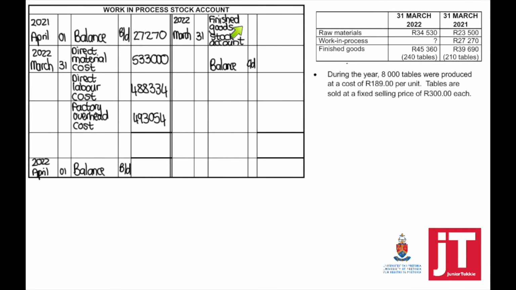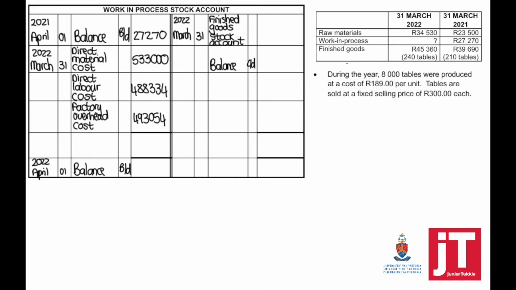I cannot solve the finished goods stock account amount. This means our next step is to go and complete the finished goods stock T account. Although it wasn't required, I need to complete that in order for me to find out the work in process stock account. Or we just need to look at what is our options if we look at additional information.